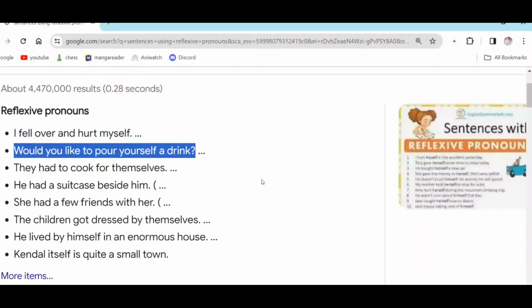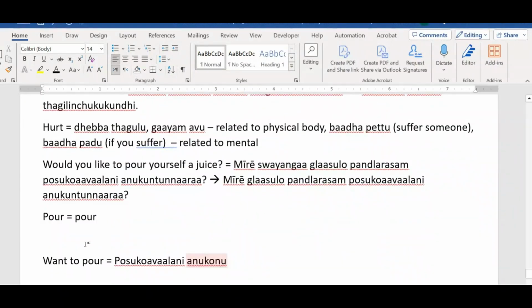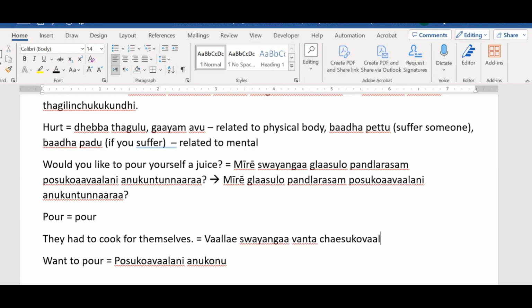They had to cook for themselves. Yeah, this is also a nice structure. వాళ్ళ కోసం వాళ్ళే స్వయంగా వంట చేసుకోవాల్సి వచ్చింది.